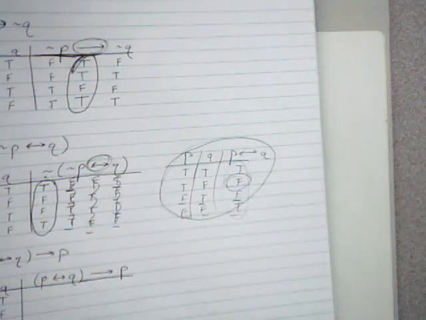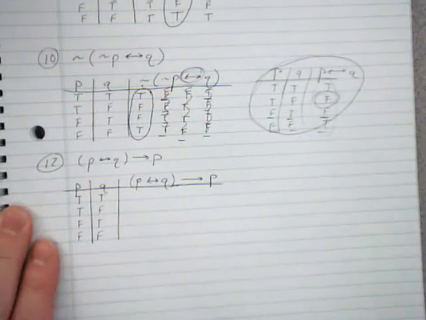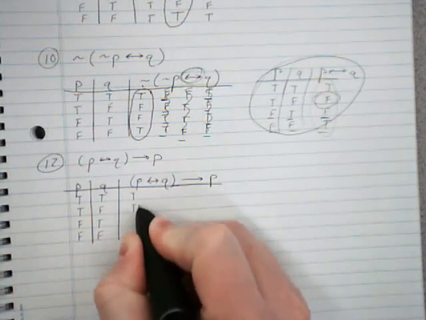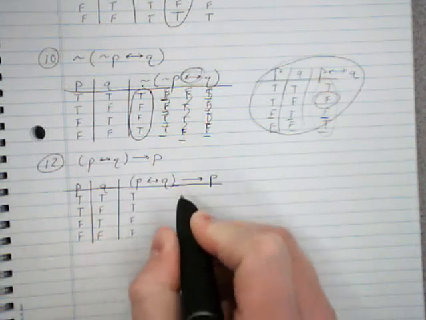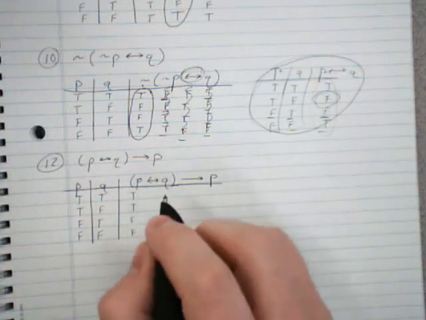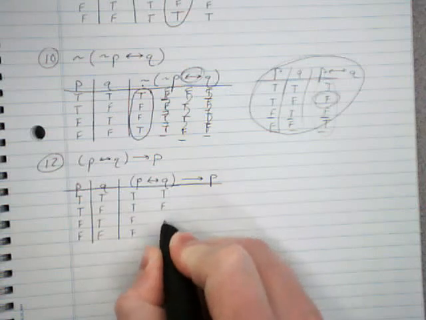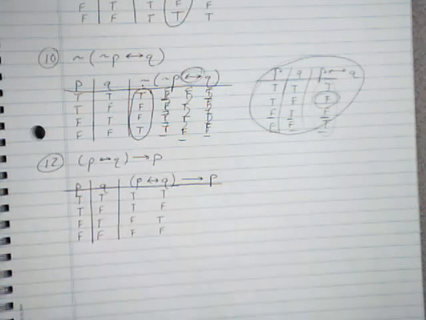So I'll keep on doing it like we've been doing. I just write down the P, write down the Q. P is true, true, false, false. I don't have to worry about negating it this time. There's no little tildes in front of it. Q is true, false, true, false. I'm just writing them down as they are.